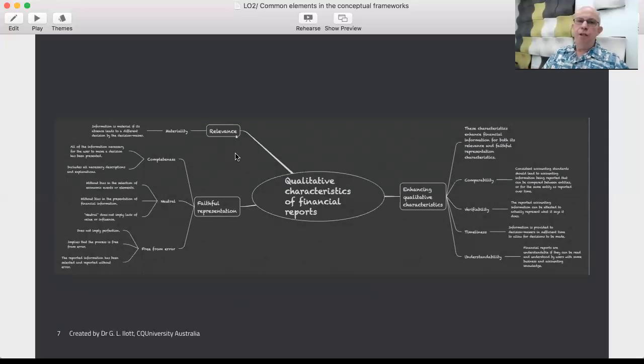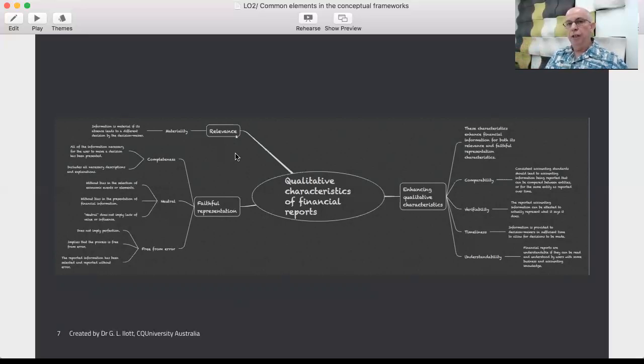You can understand, for example, if you published a financial report the day after the financial period closed, that's extremely timely, but the accuracy is unable to be gauged because it takes a lot of preparation and it takes involvement from external audit to make sure the financial report is ready for the investors. So getting that balance between being timely and free from error is a very important consideration.